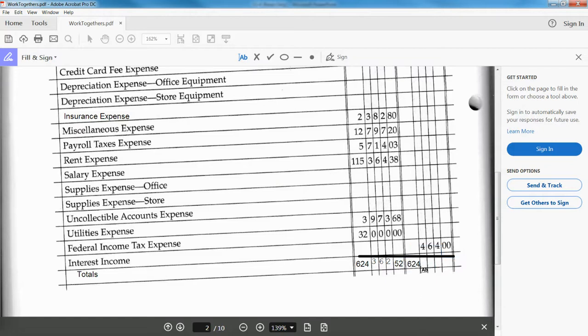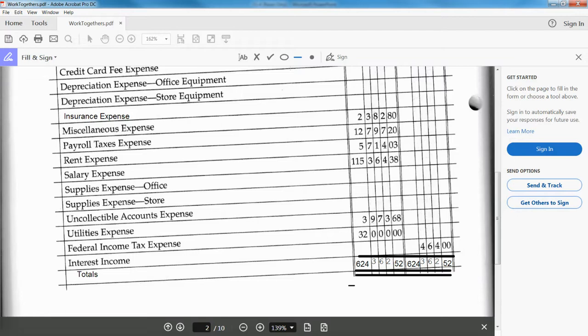So 624,362.52. So now we have proved, ruled, and totaled. And then I need a double rule underneath those totals. So there's my double rule. Whoops, got an extra one in there. So there's my double rule.